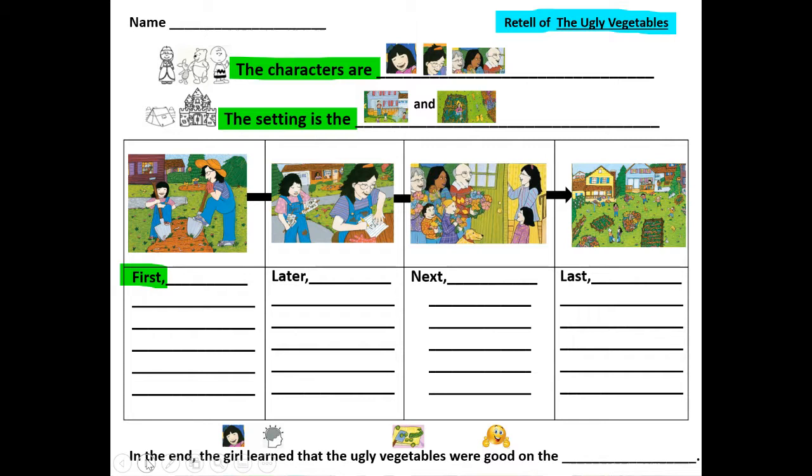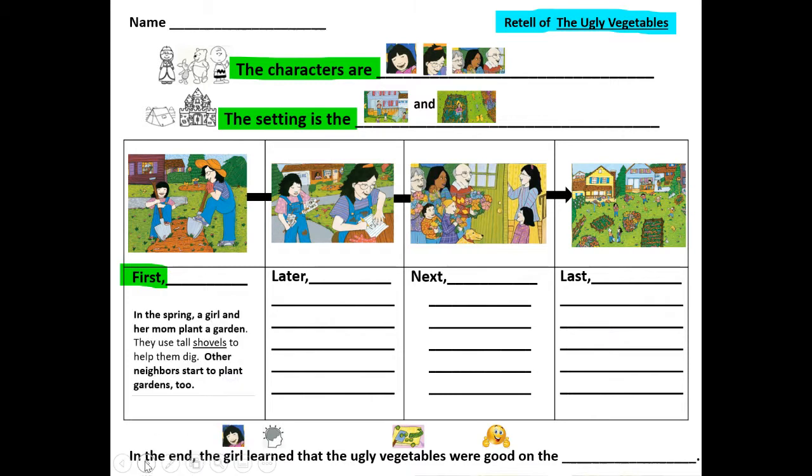First, the girl and her mother. Well, first, in the spring, a girl and her mother plant a garden. They use tall shovels to help them dig. Other neighbors start to plant gardens too.